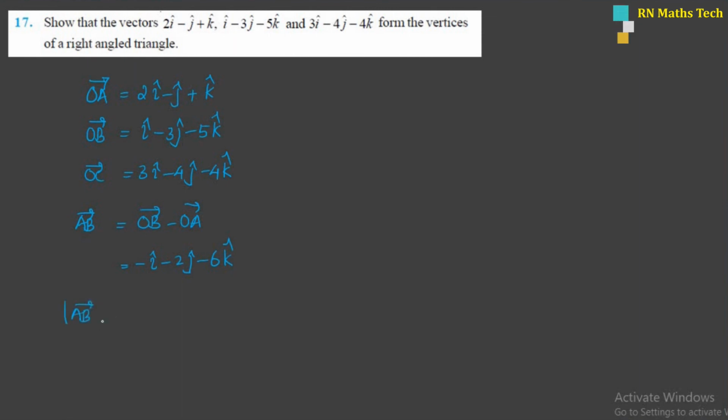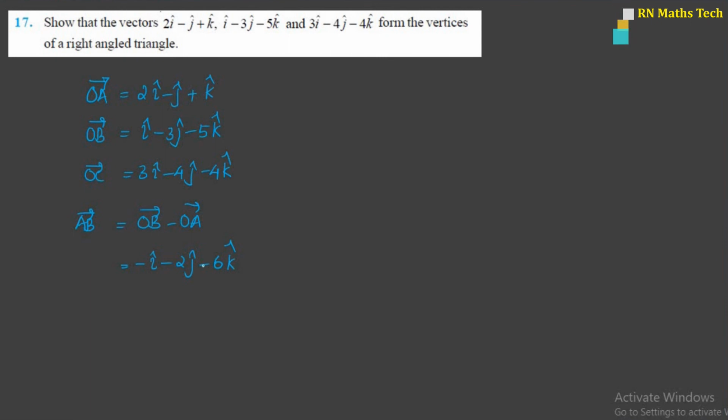Modulus of vector AB equal to root of 1 plus 4 plus 36, root of 41. Okay. Now here we can apply the dot product, not the distance formula.